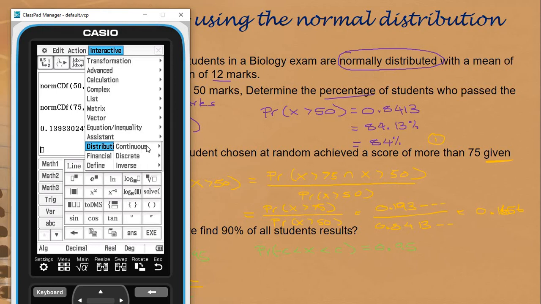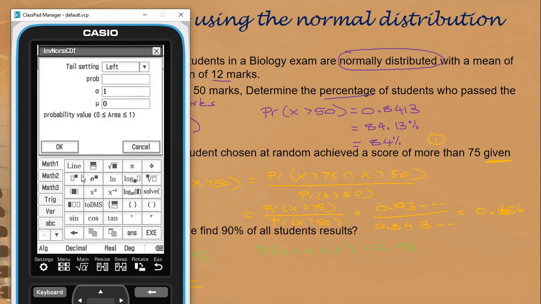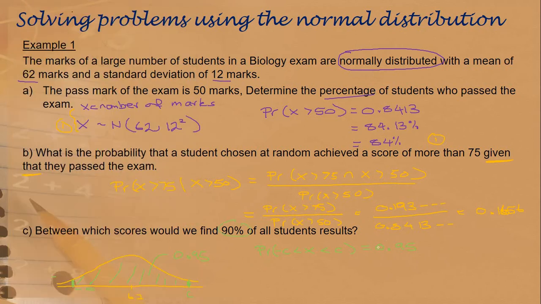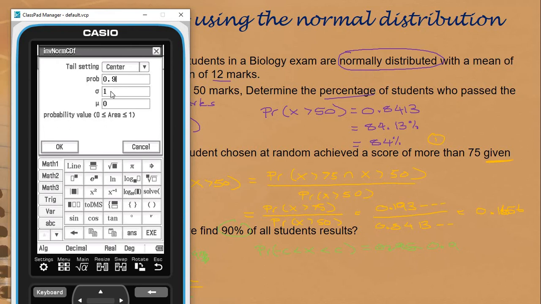Continuous is where we find the probability, inverse is where we've been given the probability. So inverse normal CDF, our tail setting this time is centre because we haven't gone to the left or the right. Our probability is 0.9, sorry, not 0.95, 90%, so that should be 0.9. And our standard deviation is 12, and our mean is 62.